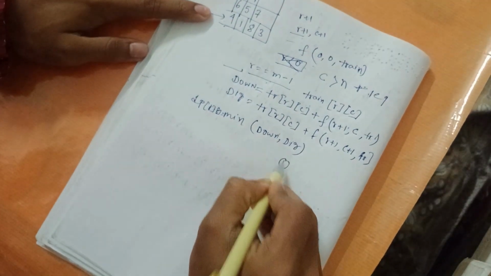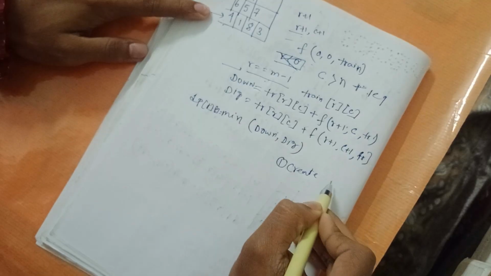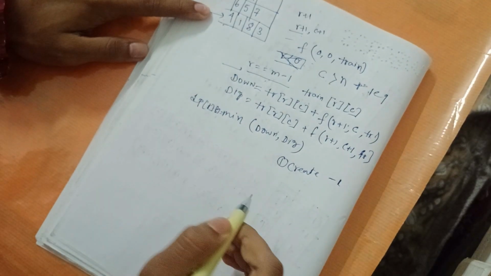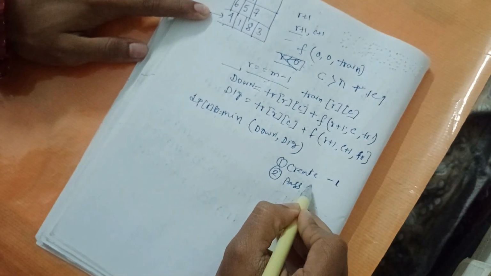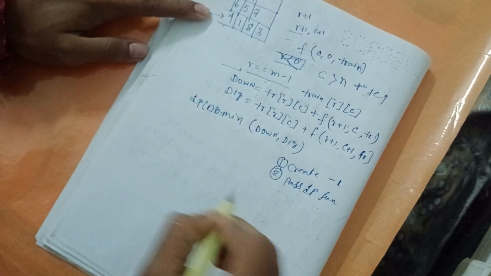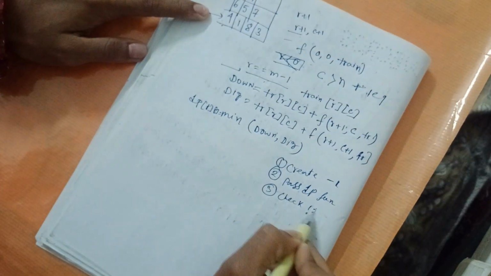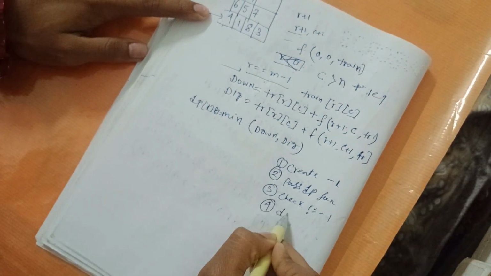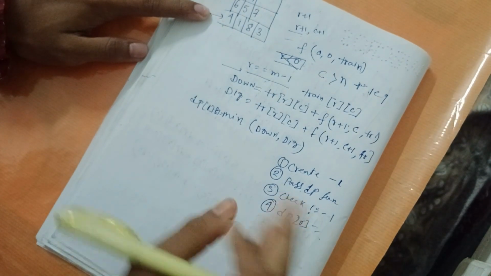First, create the dp table, initially filled with -1. Second, pass the dp into the function. Third, check if it is not equal to -1, and fourth, assign it to dp. This is the simple memoization.